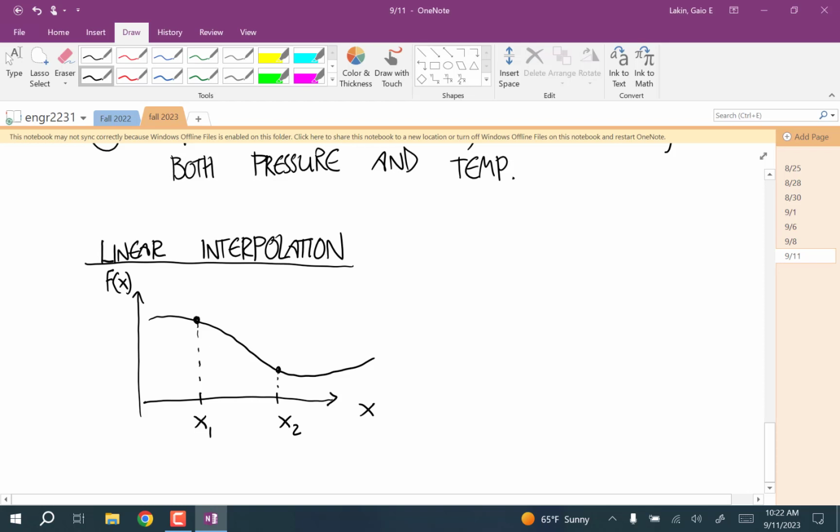At x1 you have this function value here, at x2 you have this function value here, but you don't want the value at the two that are given. You want the value at some third point in between those two. This is the point that you want.